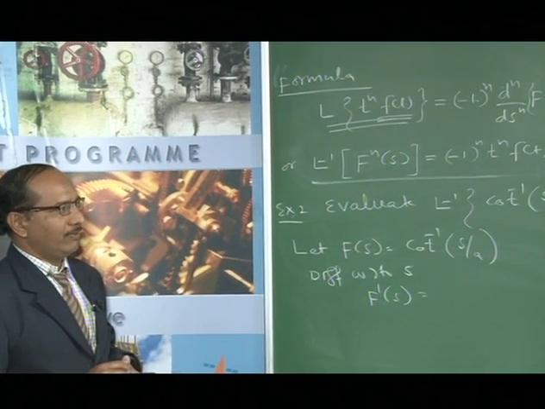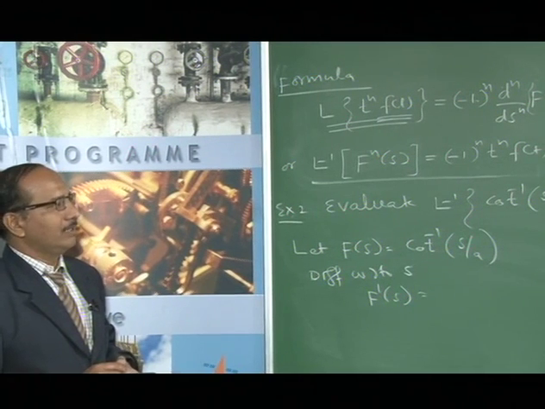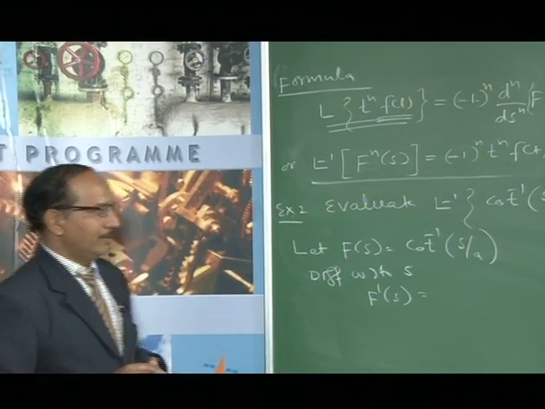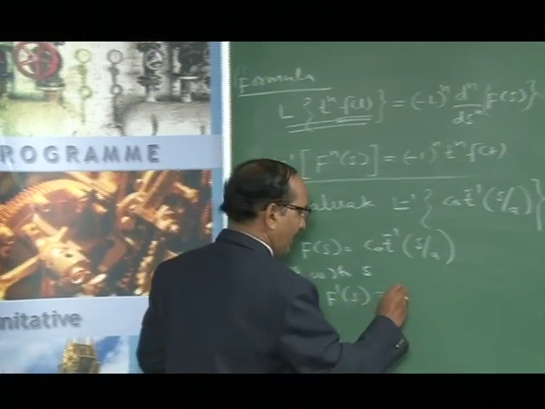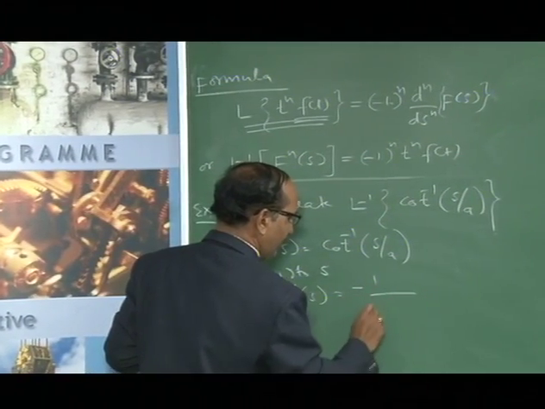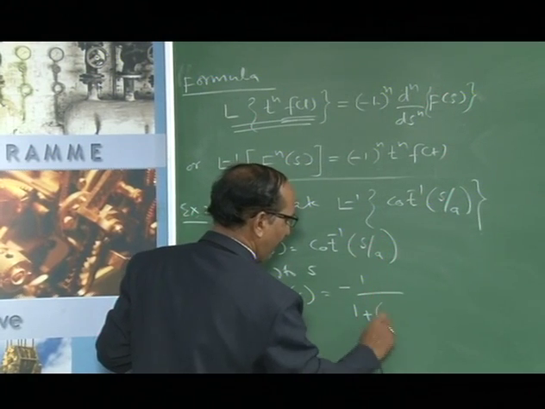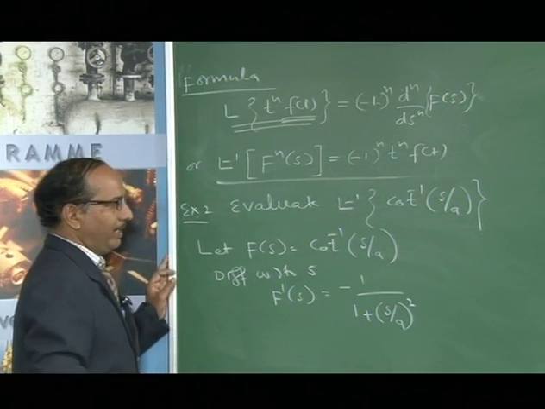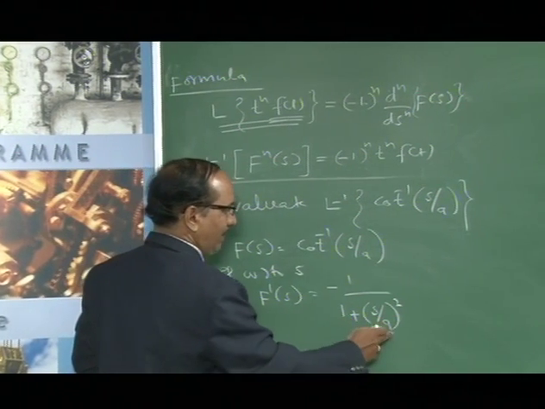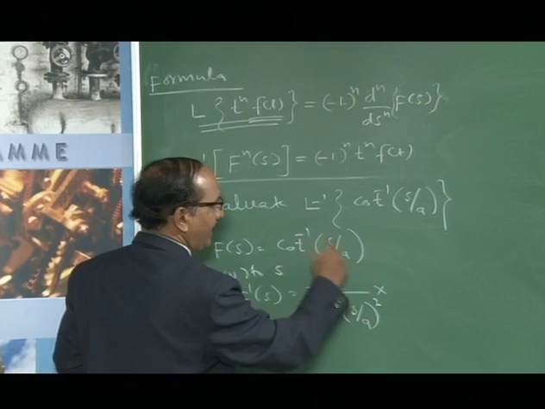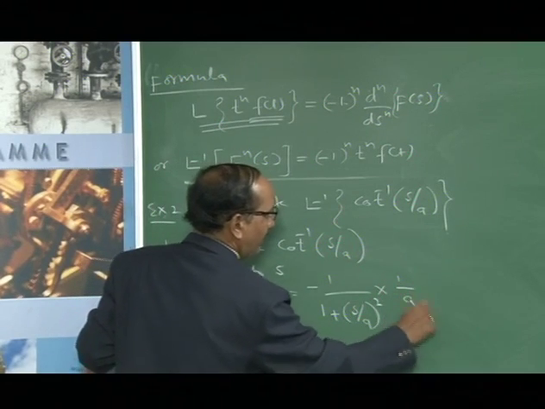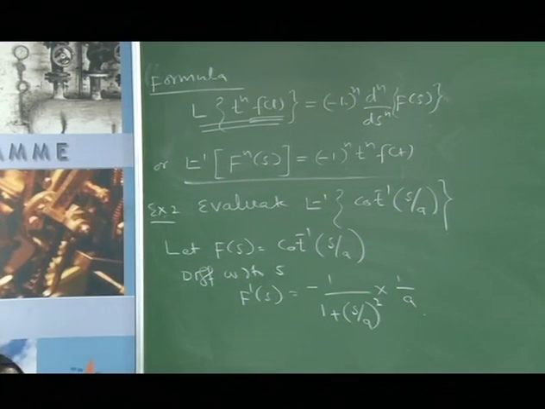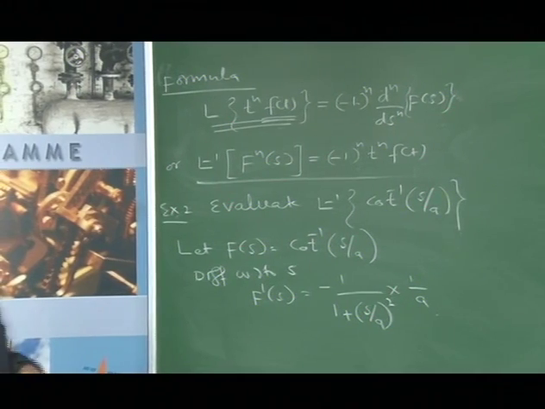And what is the derivative of cot inverse x? That is minus 1 divided by 1 plus x square. So, like that, the cot inverse derivative is with x as s by a: minus 1 divided by 1 plus (s by a) whole square into the derivative of s by a, that is 1 by a. So, that completes the derivative of cot inverse s by a.